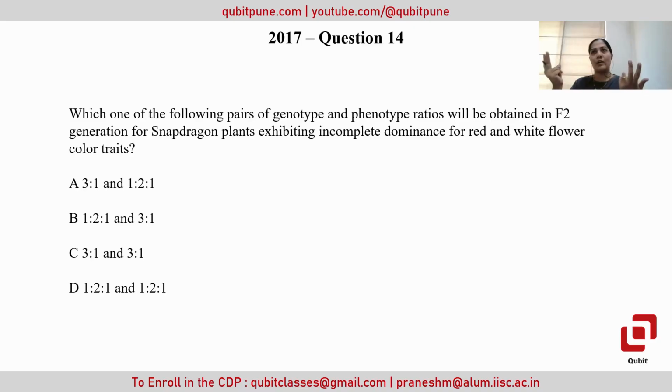So red and white flowers will be crossed. When there is the heterozygous condition, it will give rise to pink flowers. So the ratio will be 1:2:1: homozygous recessive will produce white, homozygous dominant will produce red, and the heterozygous will be pink. So the genotype and phenotype will have the same ratio.